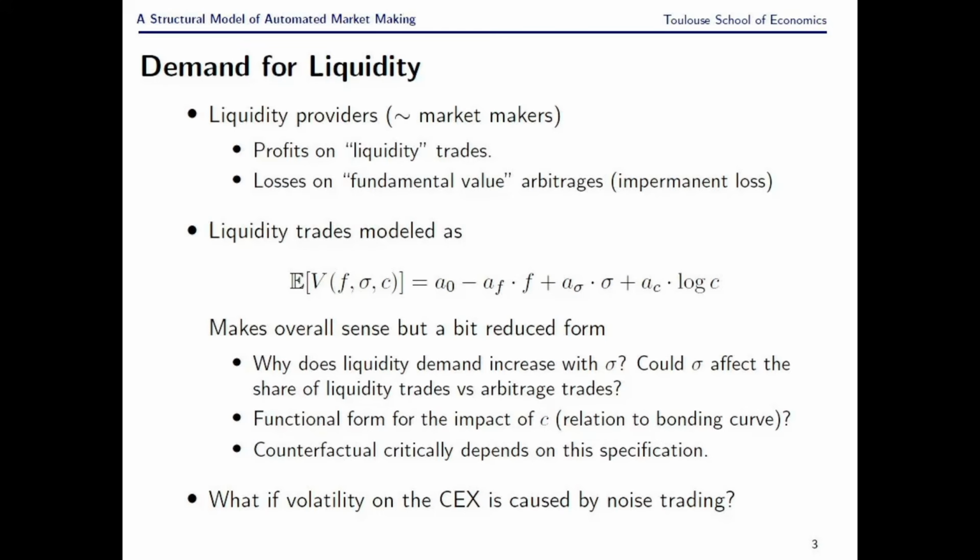Then there's the other side, which is, how do we think about these liquidity traders, these noise traders? David mentioned that they have this fairly generic specification, which, as you mentioned, can probably capture many different micro foundations.